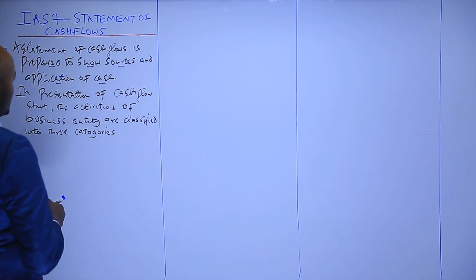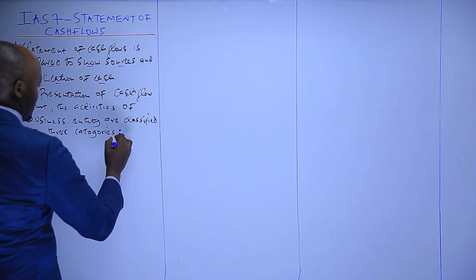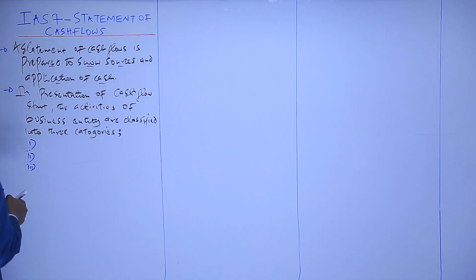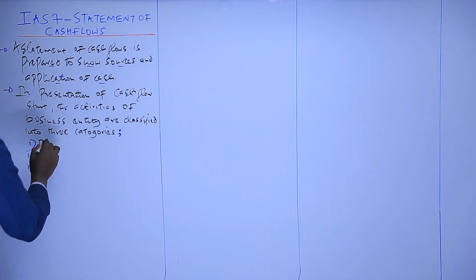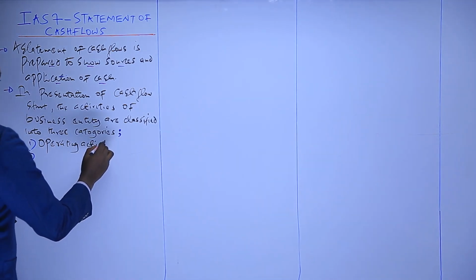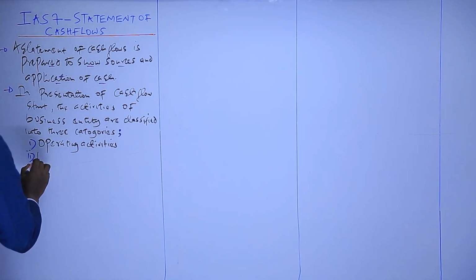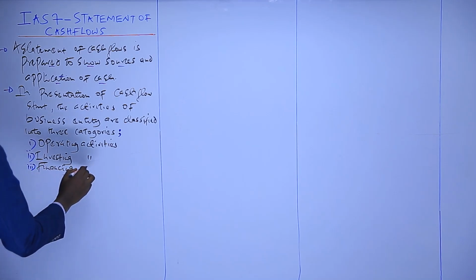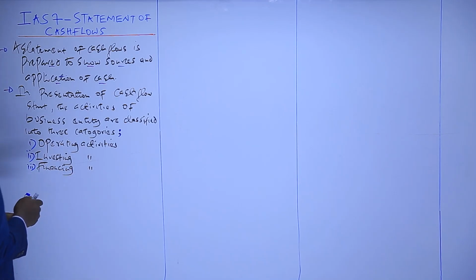So which are those 3 categories? Number 1, we have operating activities. Number 2, we have investing activities. And 3, we have the financing activities. So therefore the activities are classified into 3.